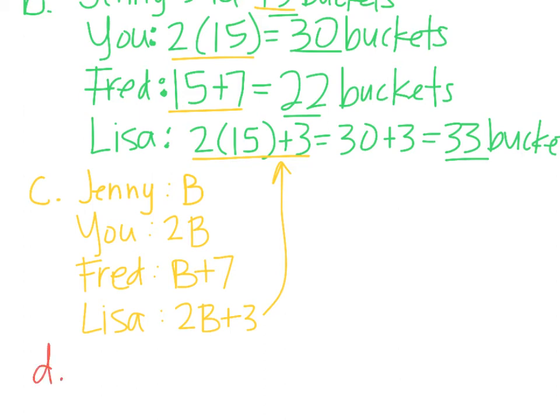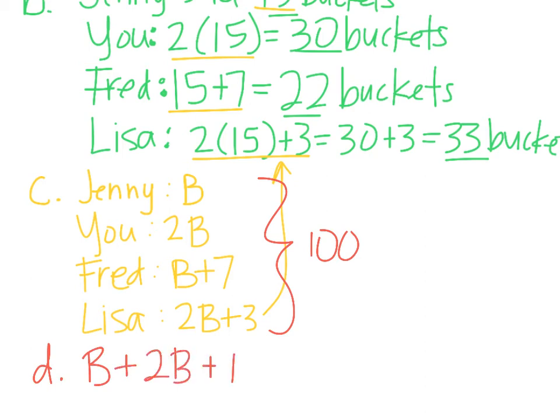Well, the equation is now basically taking this part and then saying that this equals 100. So B plus 2B plus B plus 7 plus 2B plus 3 equals 100.